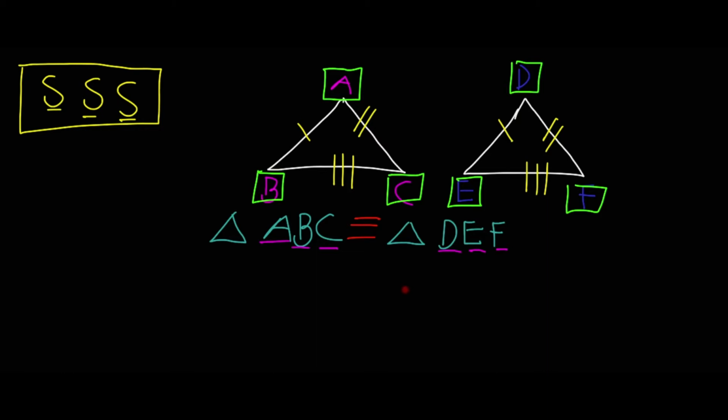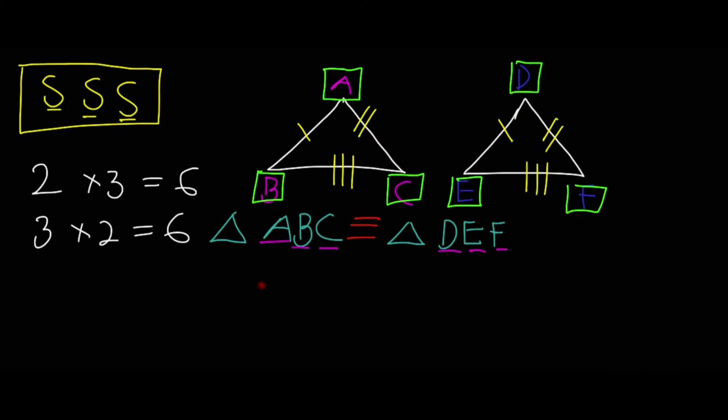In congruency and similarity, the order is always important. In mathematics, it's like 2 times 3 is 6, and 3 times 2 is 6, but in congruency and similarity, the order matters.